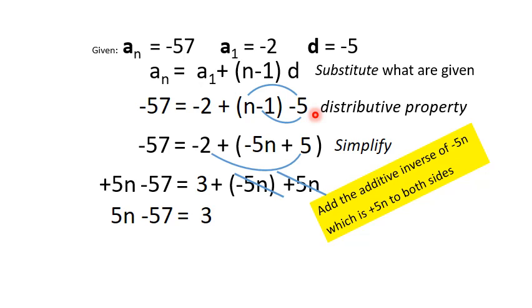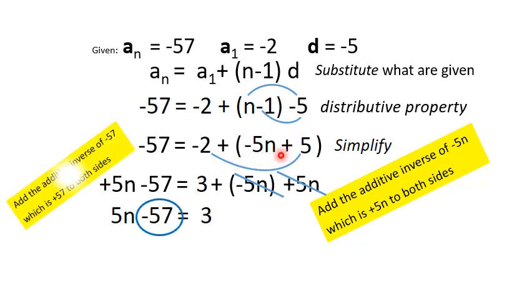Ngayon, i-eliminate na naman natin ang negative 57 by adding the additive inverse of negative 57, which is the positive 57. Okay. So, again, negative 57. Ang additive inverse ay positive 57 to both sides na naman.